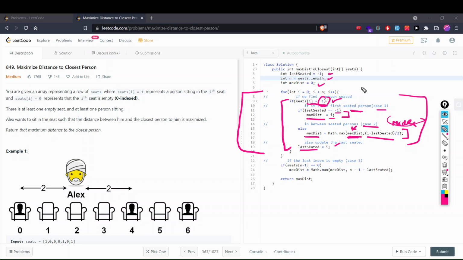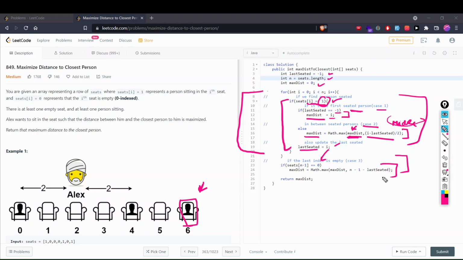If this whole loop is executed successfully, we also handle the situation where we reach the end of the array and the last seat is vacant, not occupied. There is another chance that Alex can sit on this last index and enjoy the maximum distance.